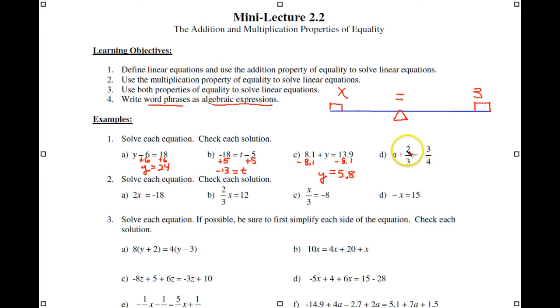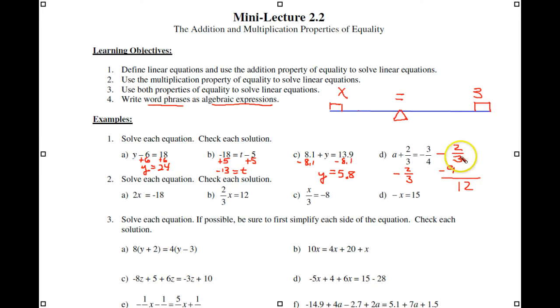Now, for something like this, there are other ways to do these sometimes. We'll just show you what's here. We want to subtract 2/3 from this side. Now I'm going to do it this way here because I have to get my common denominators here. Here I know that's just going to cancel out. But my common denominator is 12. I had to multiply this by a 3, so this is going to be negative 9.